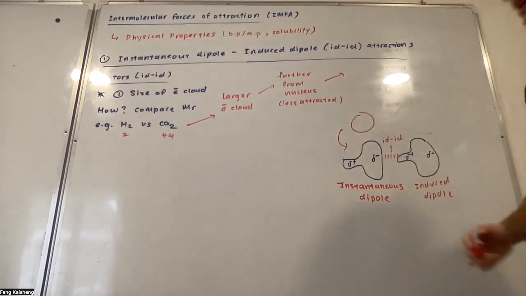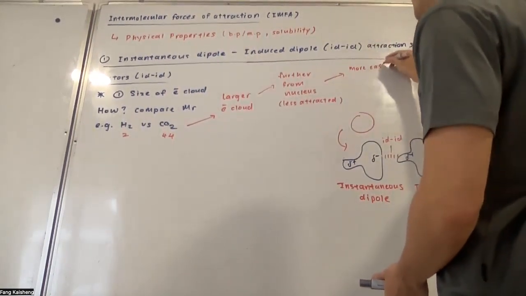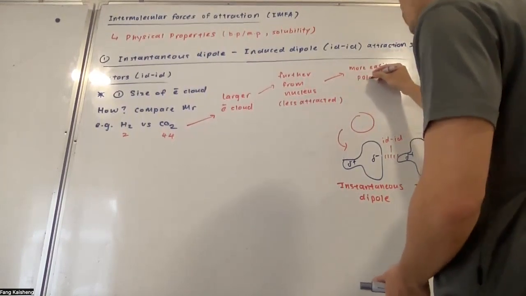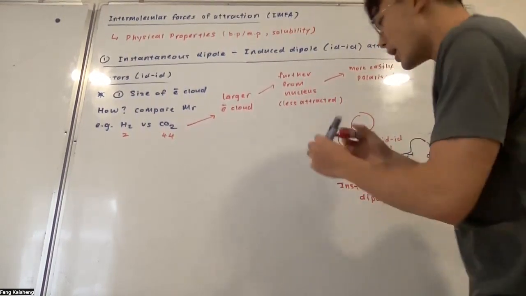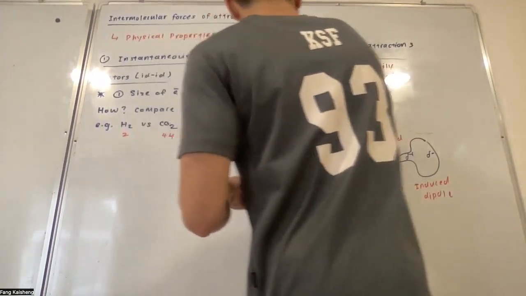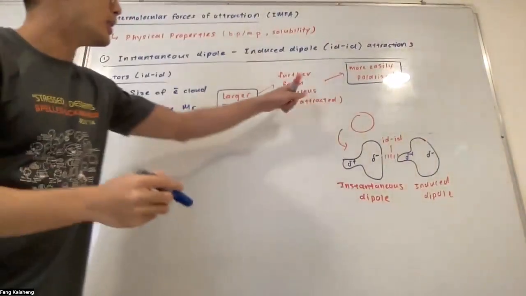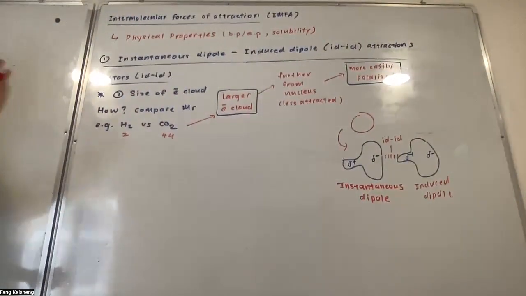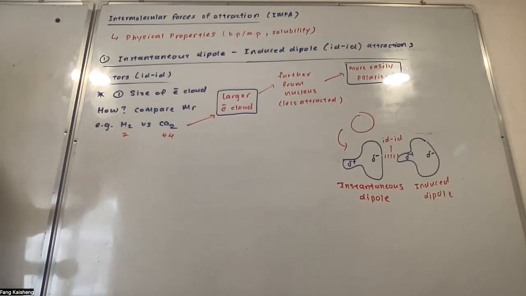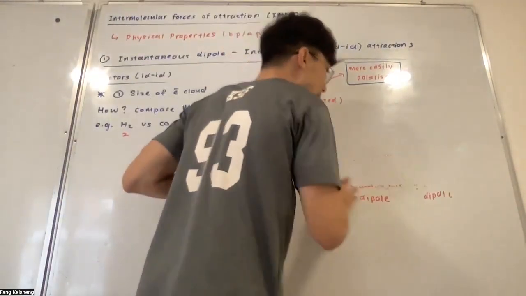It's not polarized, so it's more easily polarized. Now let me tell you what is necessary in your keywords. Your keywords just need to tell me larger electron cloud makes it more easily polarized. You can skip the point in the middle because that point is just for you to understand. You can write it down first. Eventually, when you understand already, you can pretty much ignore that part.